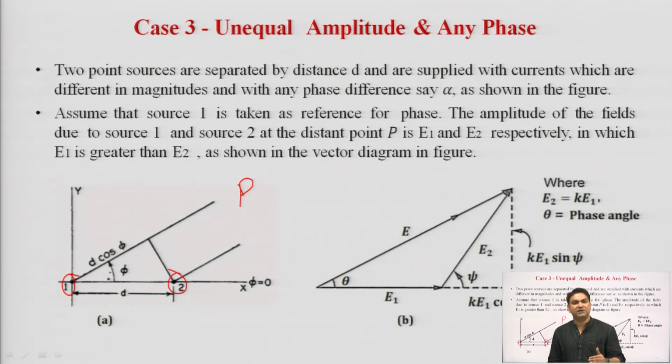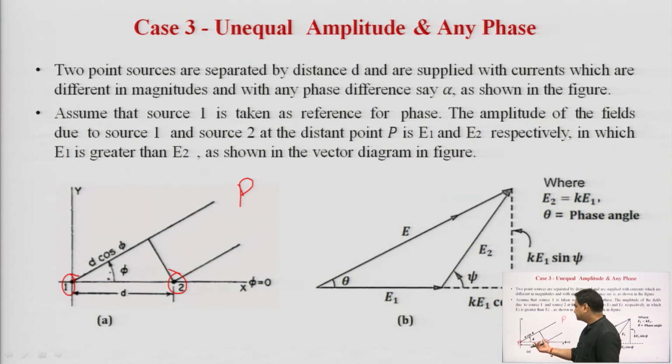So, finally, we can distinguish this particular case from the previous two cases, the broadside array case and the end fire array case, where both point sources were kept along the origin on the positive and negative side, but here both the 2 point sources are kept on one single side only.